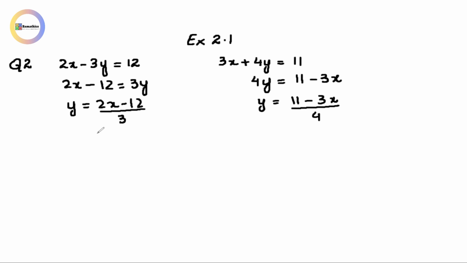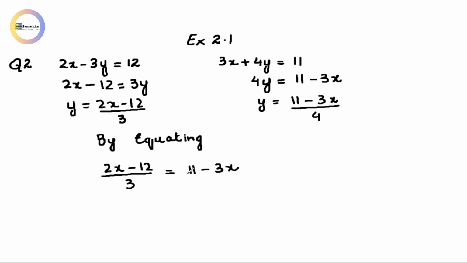By equating, we'll have 2x minus 12 upon 3 equated to 11 minus 3x upon 4. You might not have done simultaneous equations by this method, but I think this is the easiest way, in which you make the same variable the subject from both the equations and then you equate those.